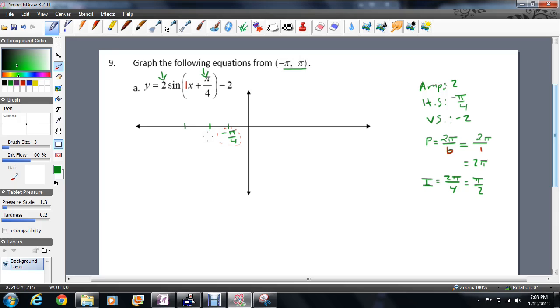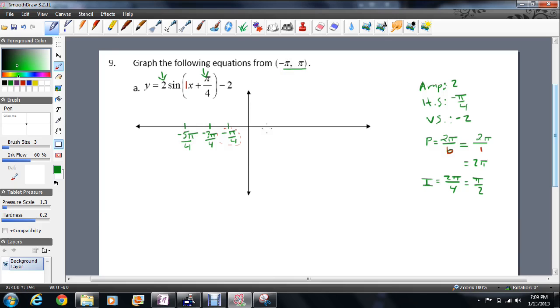If I do this twice, by subtracting our interval, negative pi over 4 minus pi over 2 gives us negative 3 pi over 4. And then the next spot gives us negative 5 pi over 4. Again, I just subtracted pi over 2, then pi over 2 again. Negative 5 pi over 4 is actually a little bit less than negative pi, so we went far enough on the x-axis.